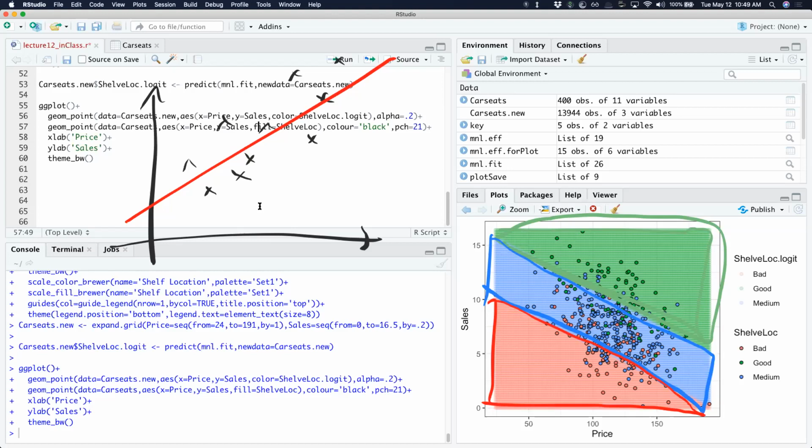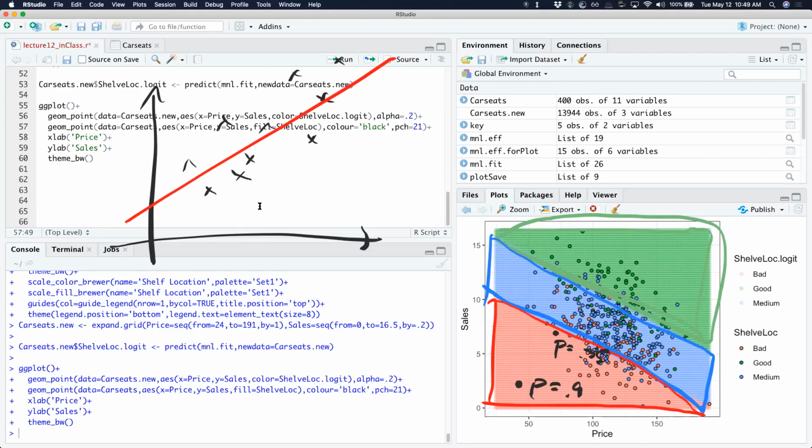If I were to pick a point here and a point here, in both cases the probability is highest for the bad shelf location. But it could be that the probability is like 0.35 here, and over here it could be like 0.9, right? You wouldn't know the difference. They're both red.